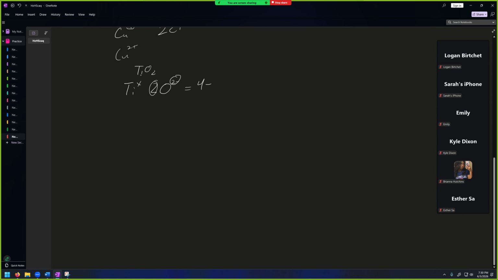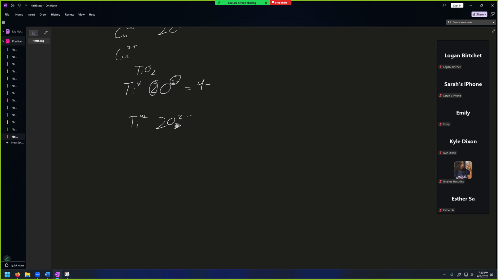Since I only have 1 titanium, I must have a 4 plus charge on that titanium to balance all of the charges from the oxygens. Therefore, it is Ti 4 plus as my transition metal cation, and we have 2 O 2 minuses as the anions.